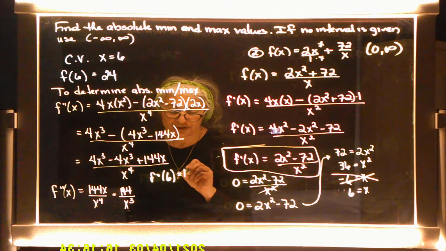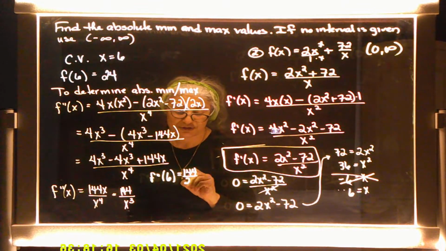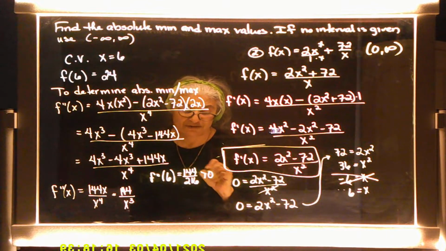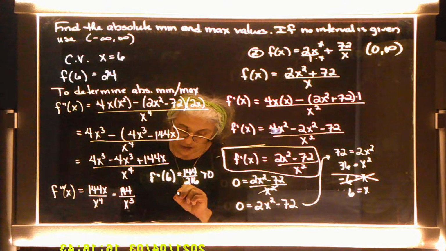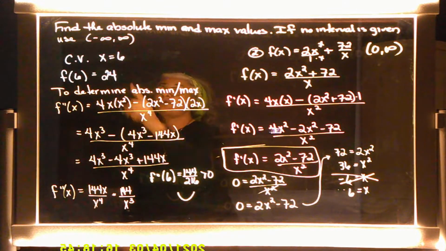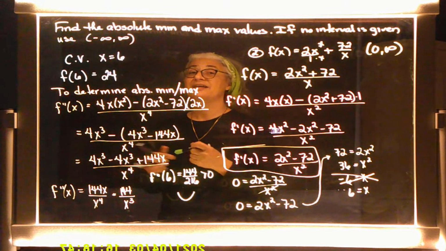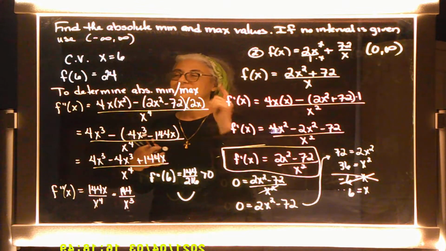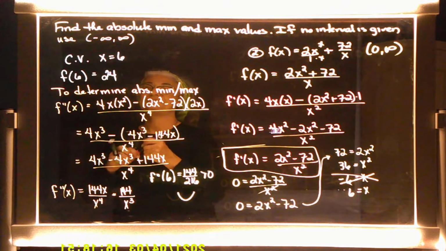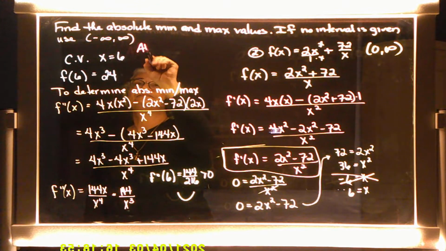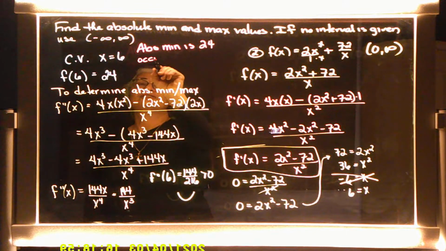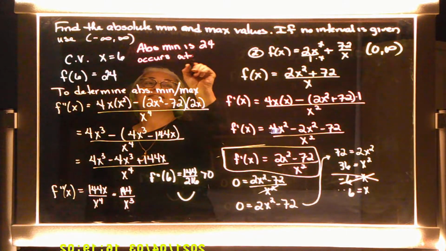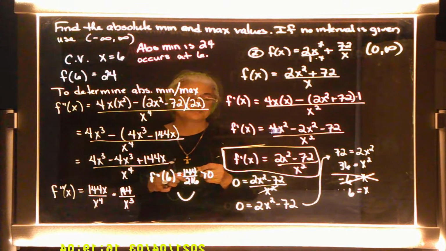I have 144 over 216, which is definitely greater than 0, which means this thing concaves up, which means 24 is an absolute minimum. Absolute min is 24, and it occurs at 6.